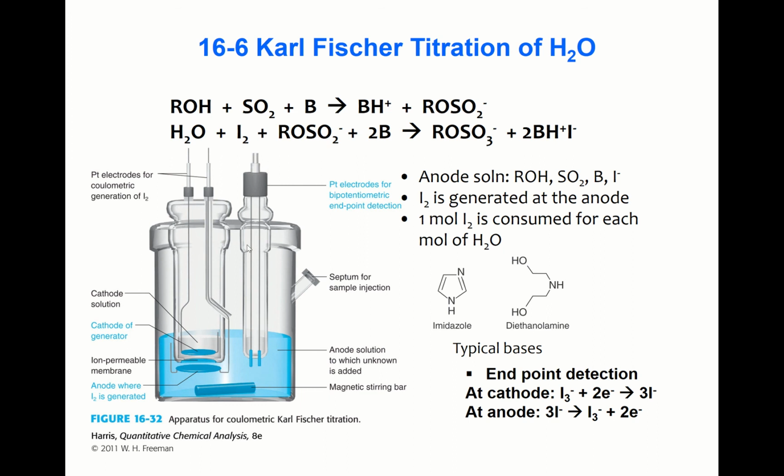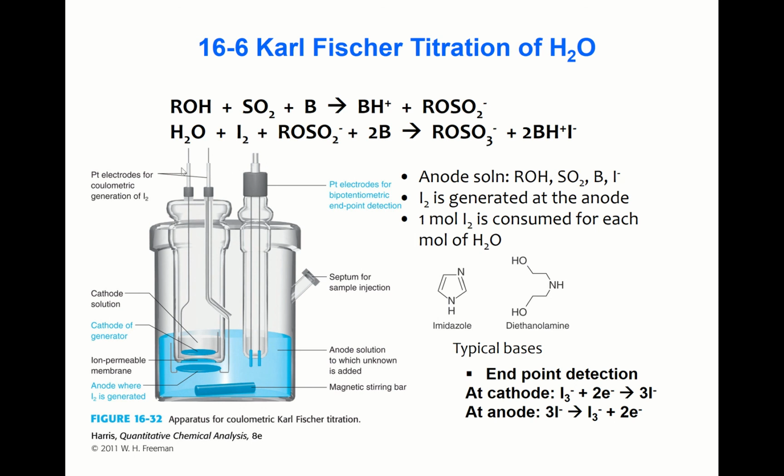So here, look at this setup. This part is the cathodic part, and the anodic part is here. And then the anode solution contains this alcohol and SO2 and base and iodide.